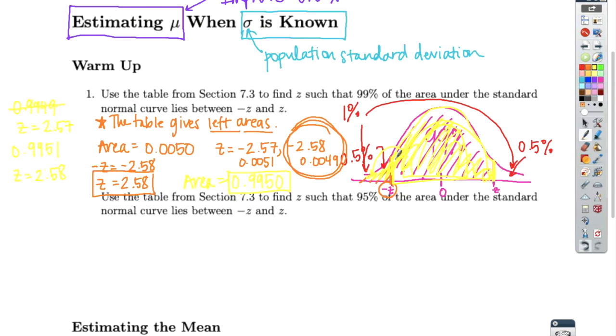I don't want to skip out on any of the area, so I'm going to go with the larger value, just so that I make sure that for sure I do have an entire 0.9950 area. Even if I do have a little bit of extra, I'd rather have extra than not enough. So z equals 2.58, of course the same answer we got doing it the other way, but in either case you just translate this to a left area and then go back to your table.